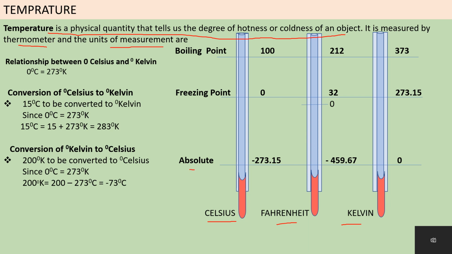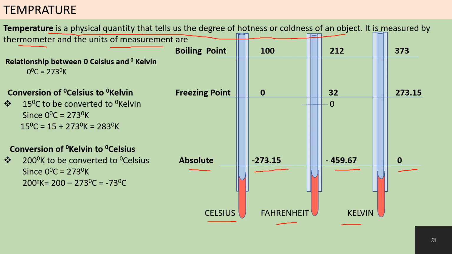What is absolute value? Absolute value is the lowest temperature at which the motion of particles which constitute heat are minimal. So absolute value for Kelvin is 0 degree. For Fahrenheit thermometer it is minus 459.67, and for Celsius thermometer it is minus 273.15.